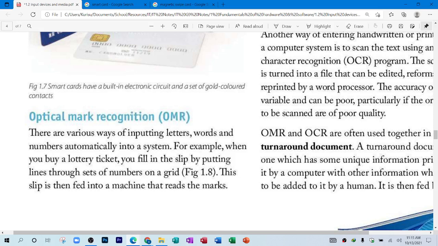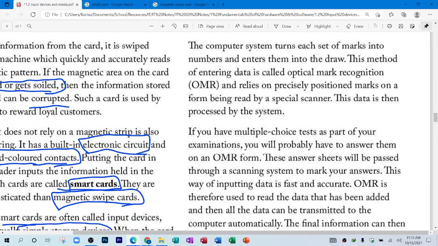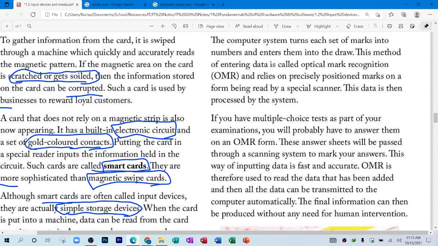Optical mark recognition, OMR. There are various ways of inputting letters, words, and numbers automatically into a system. For example, when you buy a lottery ticket, you fill in the slip by putting lines through sets of numbers on a grid. This slip is then fed into a machine that reads the marks.